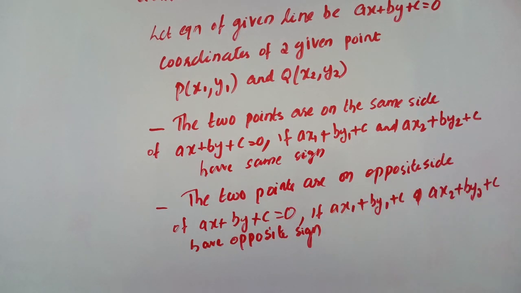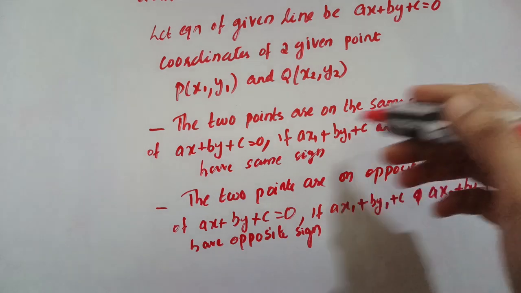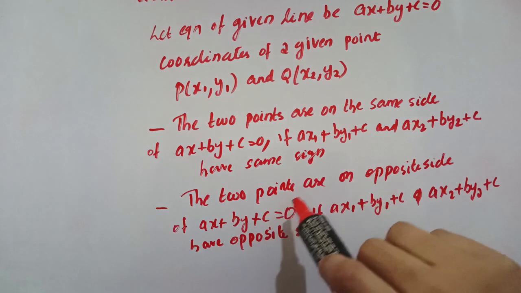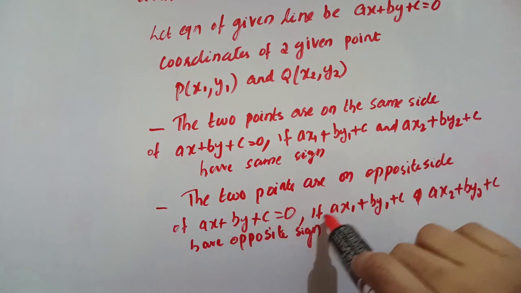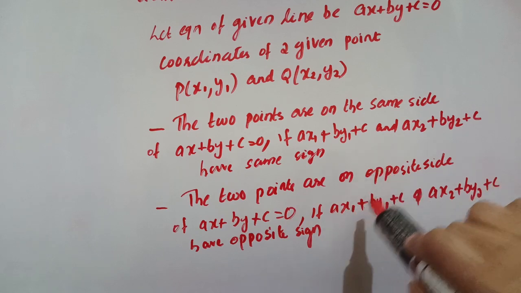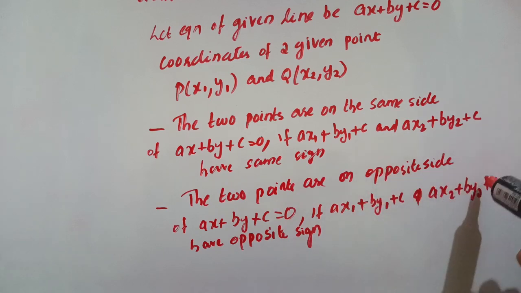That is, the two points are on the same side of the line ax plus by plus c equal to 0 if ax1 plus by1 plus c and ax2 plus by2 plus c have the same sign. If the two points are on opposite sides of ax plus by plus c equal to 0, then ax1 plus by1 plus c and ax2 plus by2 plus c have opposite sign.